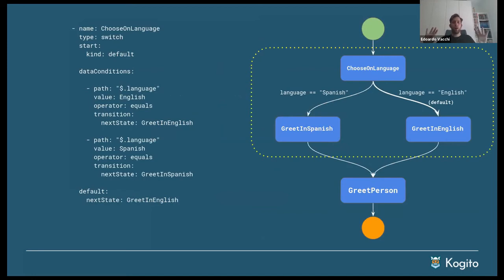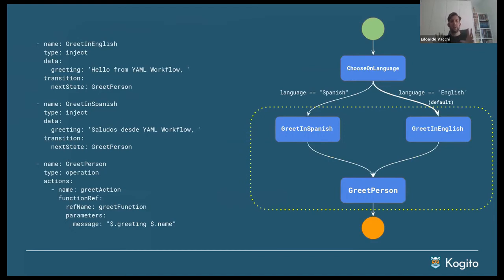On the top side, you can see the nodes. There's this choose on language node, and then there are two edges, and there's a condition on these edges. Depending on the condition, if it's equal to Spanish, or equal to English, or it doesn't fall in any of those two cases, we will go into one task or the other.